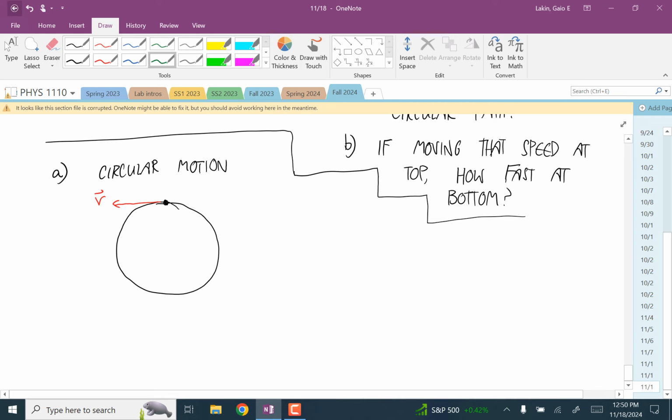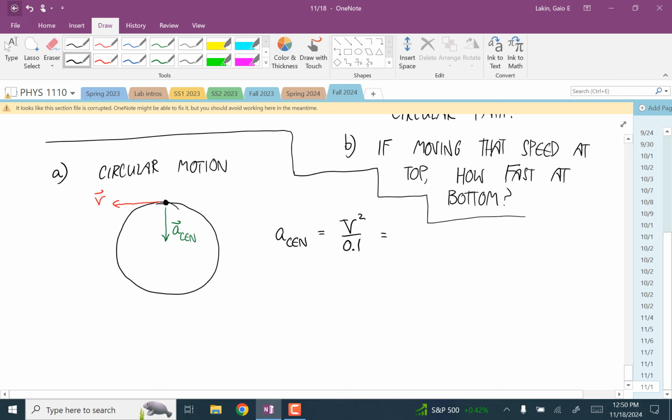At the top and bottom, the height isn't changing. So all we have is centripetal acceleration. The magnitude of the centripetal acceleration is v squared over r. So v squared over 0.1. 1 over 0.1 is 10.